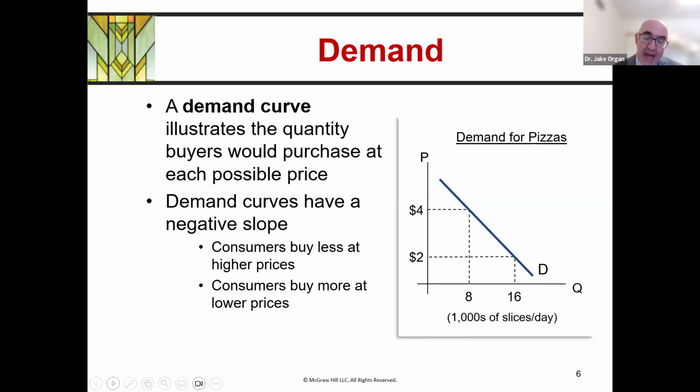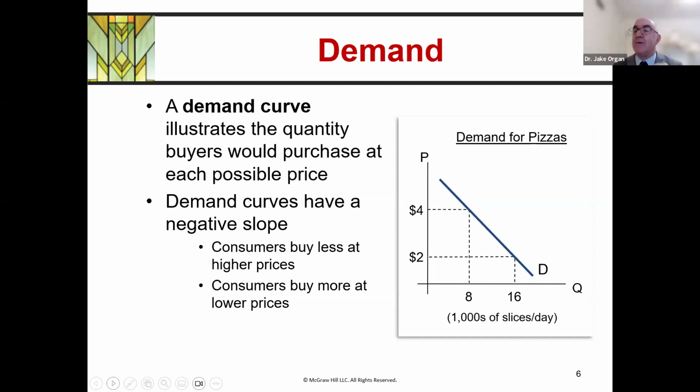This is really saying that as the price goes up for pizzas in this case, you're going to demand less. At $2, you're going to demand 16,000 slices a day. This could be for everyone. And at $4, people demand 8,000 slices a day. Very, very simple human concept that's been placed into this model.